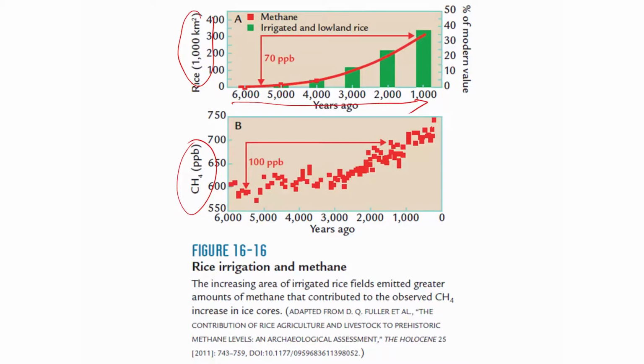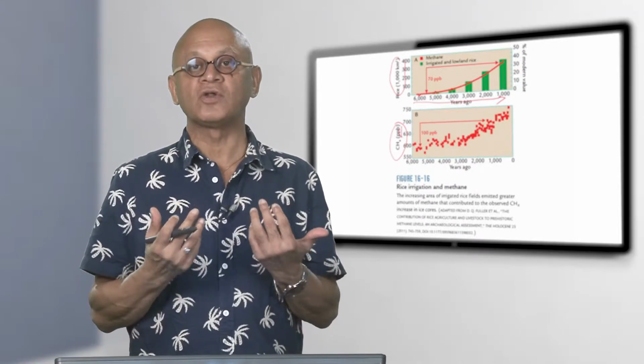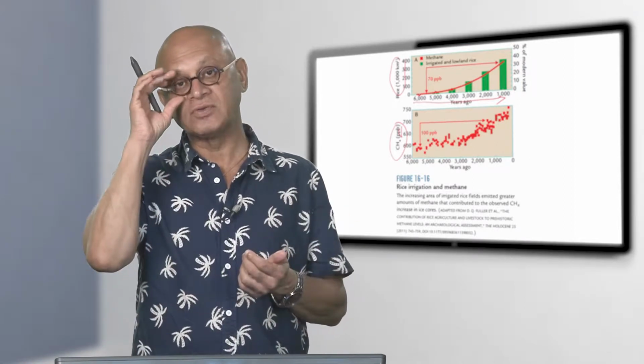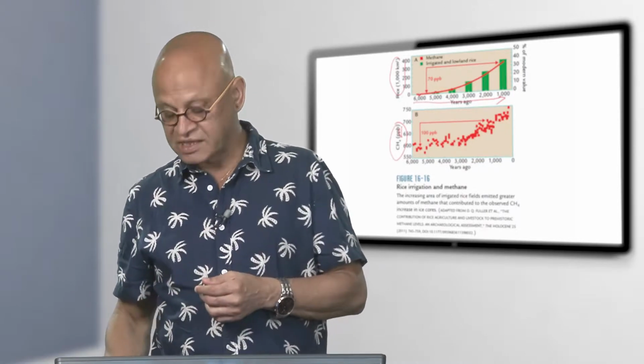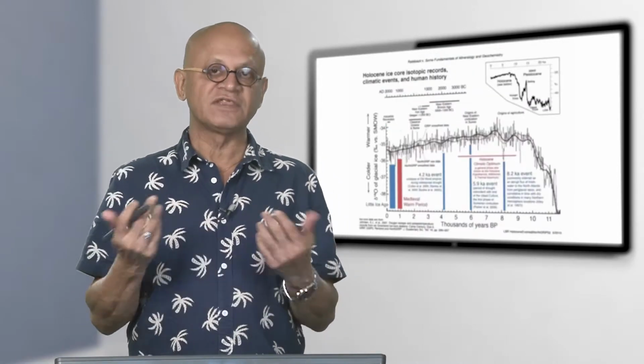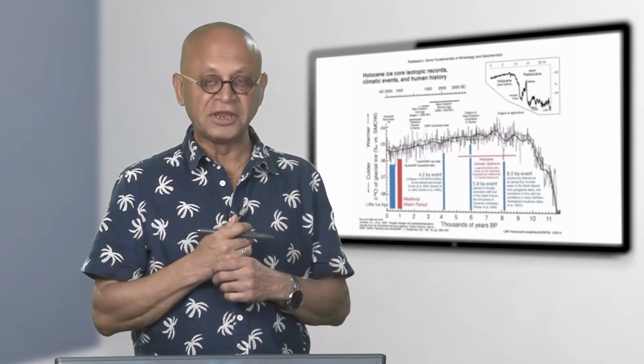Again, to remember, methane is in parts per billion by volume, much smaller amounts, and it has much shorter residence times, order 10 years, 12 years compared to carbon dioxide, which is several hundred years. Methane is easily oxidized, but obviously it gets converted to carbon dioxide unless it gets buried and becomes natural gas.